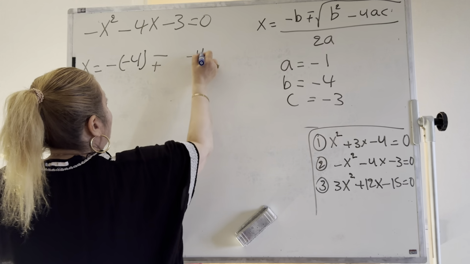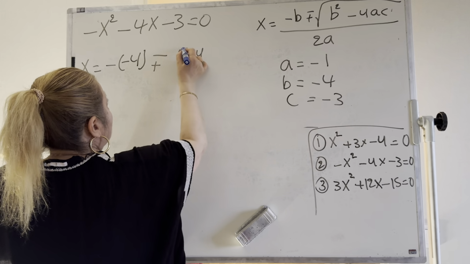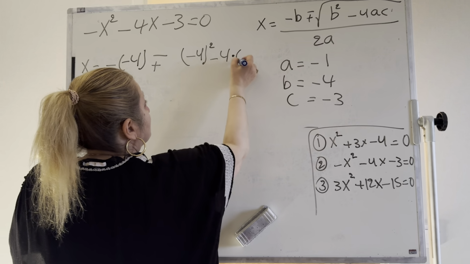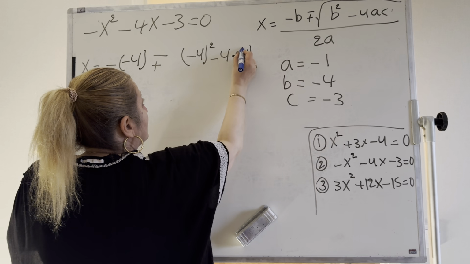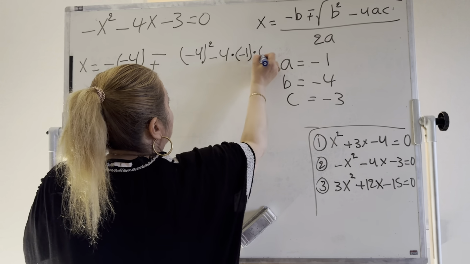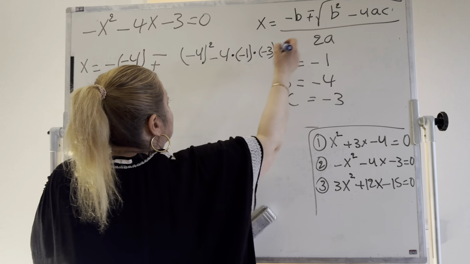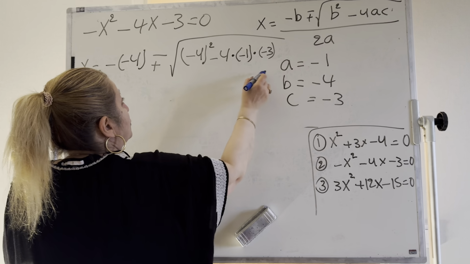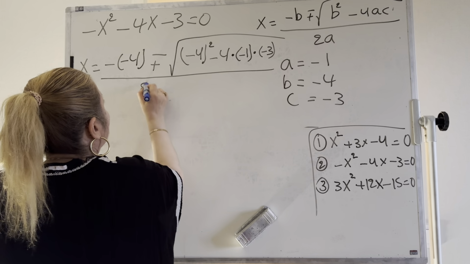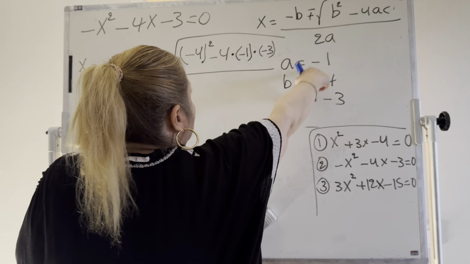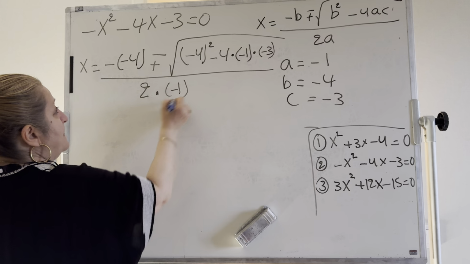But I will write it as minus 4 all squared, minus 4 by minus 1, because a is minus 1, times minus 3, because minus 3 is c. All this under the square root, divided by 2 times minus 1, because a is minus 1.